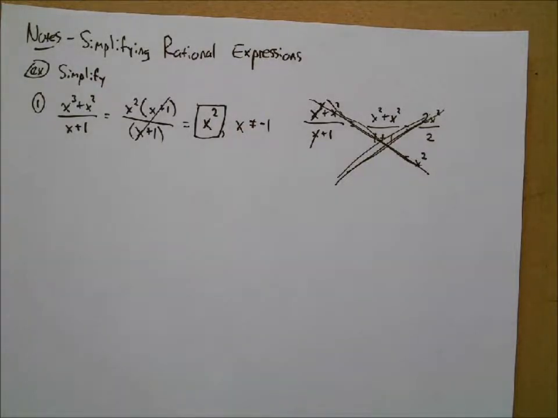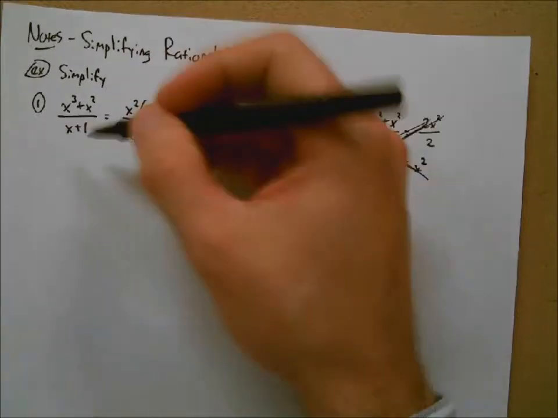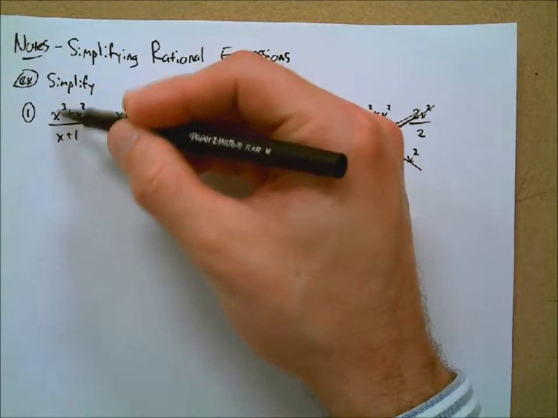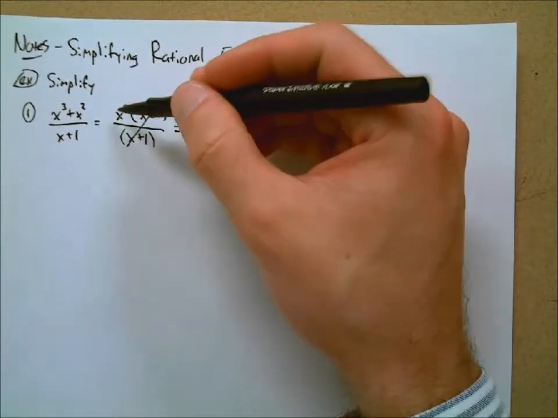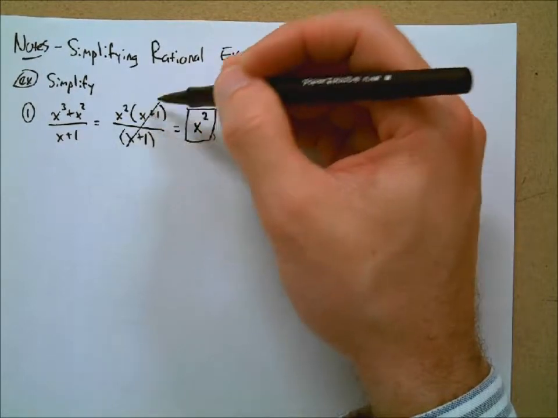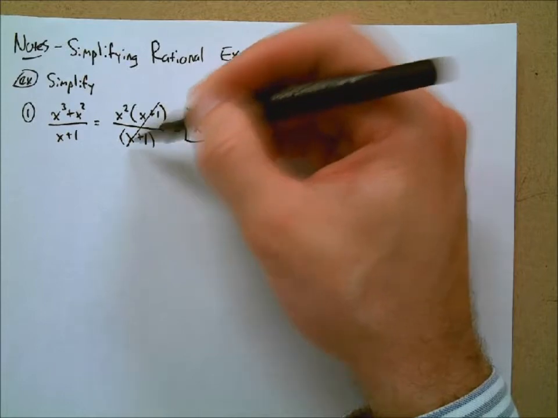Because when you divide, with a big fraction like this, you have to be careful. You can't just divide individual terms. It has to be a product. So when Natalie factored out that x squared, we now have a product of two things. And so then the x plus 1s can cancel and leave you with the x squared.